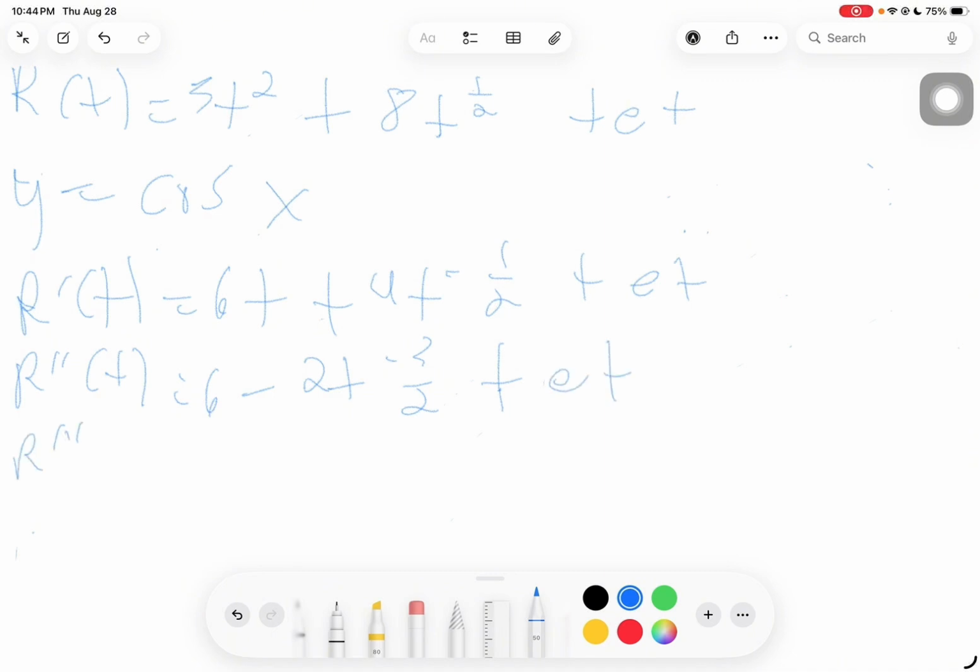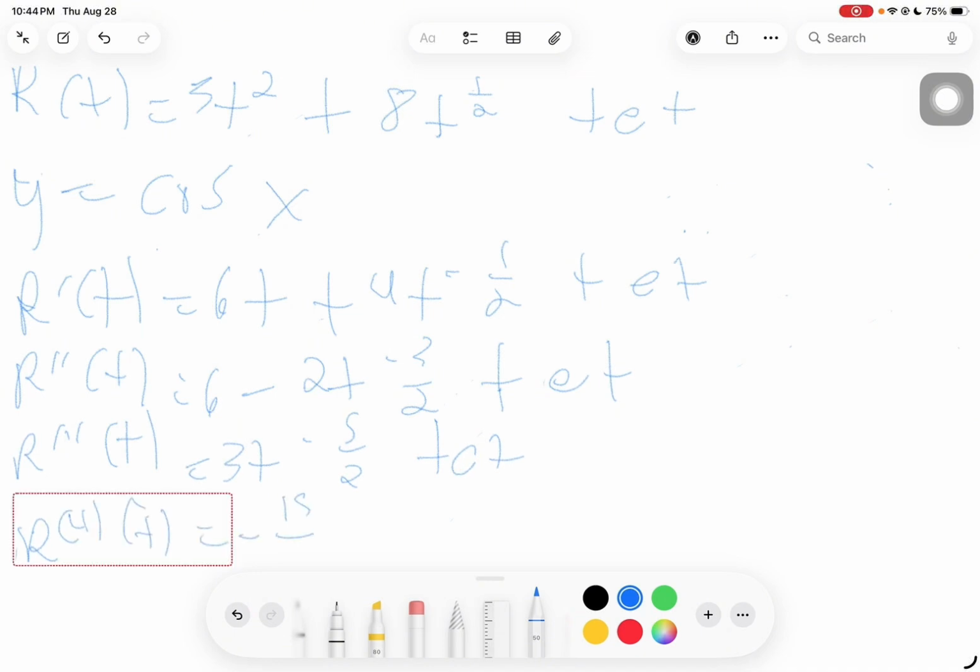The third one is negative 3t to the negative 5/2 plus e to the t. Then the last is the derivative of the fourth, 15 over 2 t to the negative 7/2 plus e to the t.